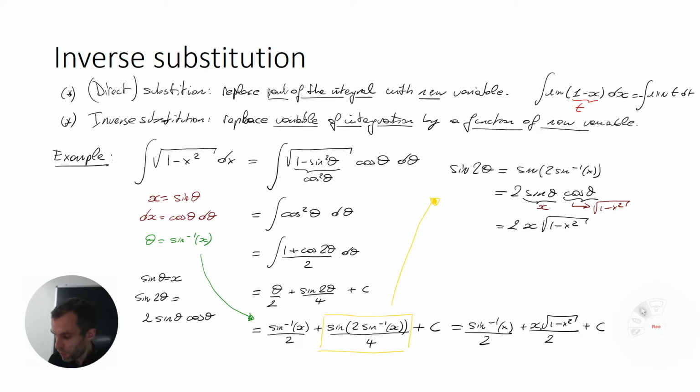And in particular here you see that for this integral to make sense, x should be between -1 and +1. Otherwise this factor becomes imaginary. And that is also implicit in the definition here. When we made our substitution, we said x is sine of some angle theta. That is only going to work if x is between -1 and +1.